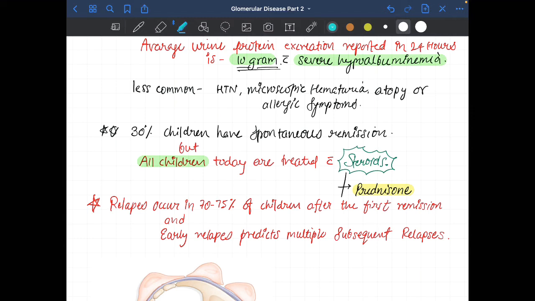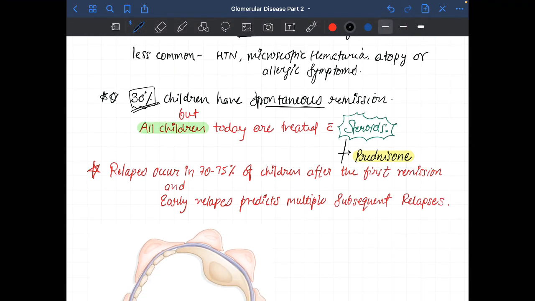30% of children have spontaneous remission, so the prognosis is good. Take note of the percentage, 30% of children. But all children are treated with steroids, and the treatment of choice is prednisone.